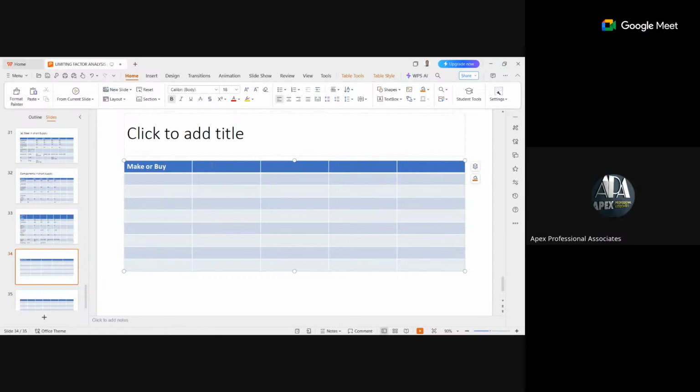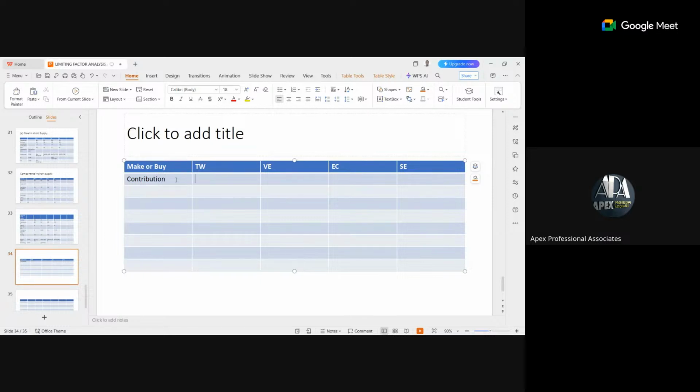So TW, VE, EC, SE. So the contribution now, if we are producing, the contribution is what per unit?